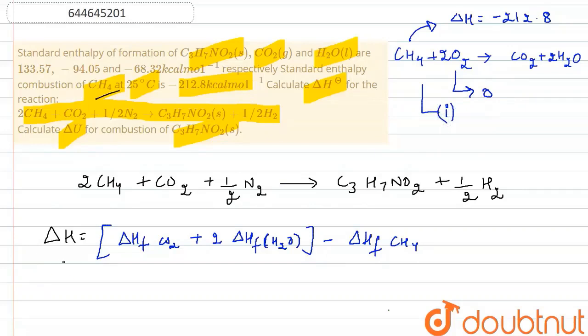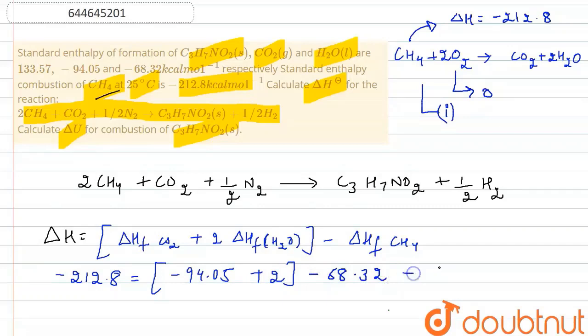So its enthalpy change is minus 212.8, which is equal to minus 94.05 plus 2 into minus 68.32, minus the enthalpy of formation of methane, that is CH4.